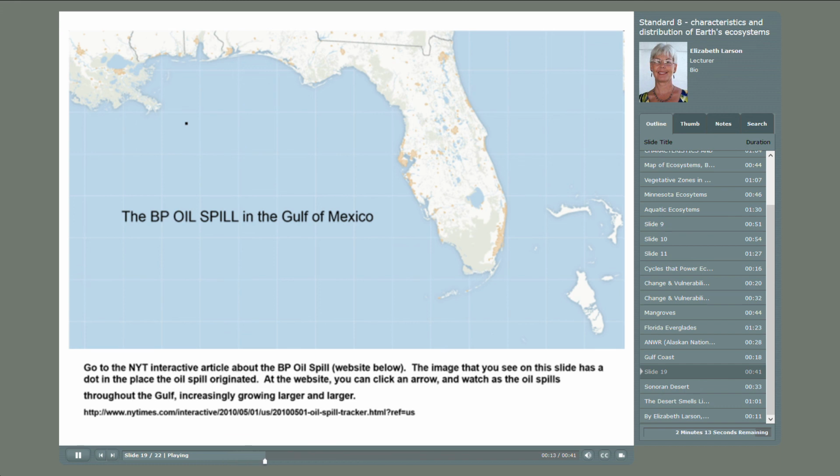If you go to the New York Times interactive article about the oil spill, you'll see that the image on this slide has a dot in the place the oil spill originated. At the website, click on the arrow and watch as the oil spill throughout the Gulf grows larger and larger and larger. Time will tell what the impacts of the BP oil spill will be on the Gulf Coast.